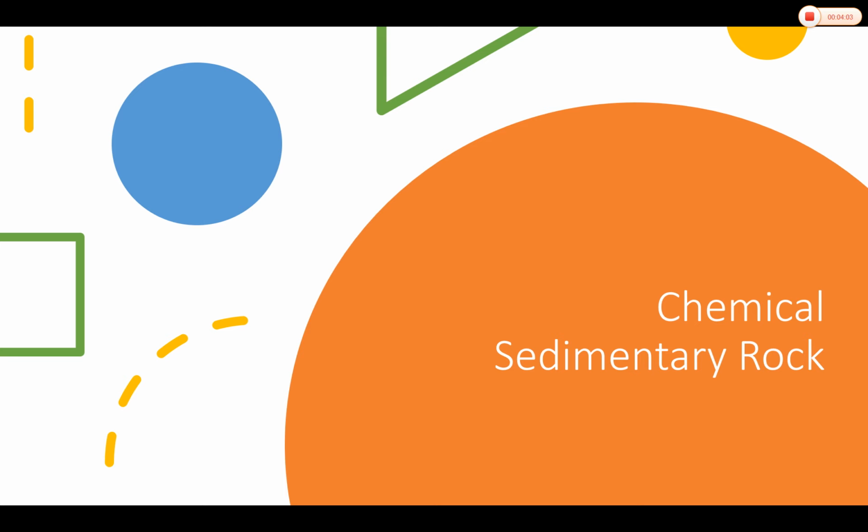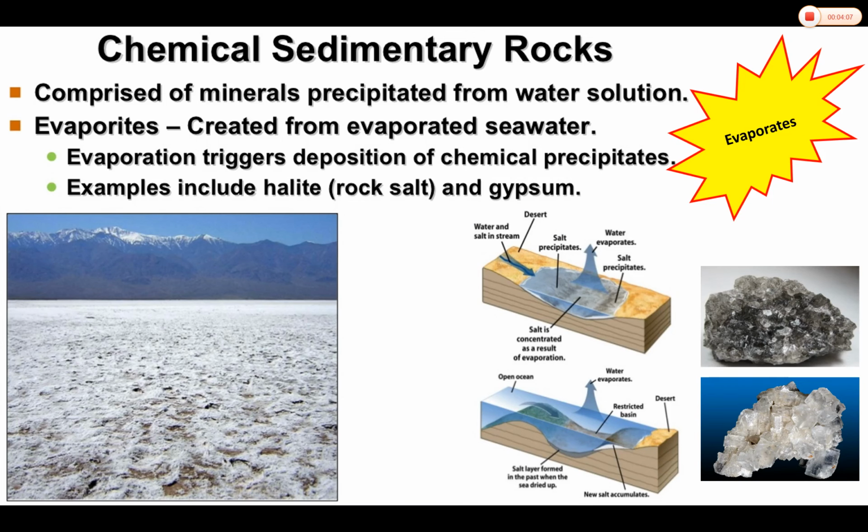And now proceed with the chemical sedimentary rock. There are three types of chemical sedimentary rock. The first one is the chemical sedimentary rock produced due to the evaporation process. It is comprised of minerals that precipitated from water solutions.